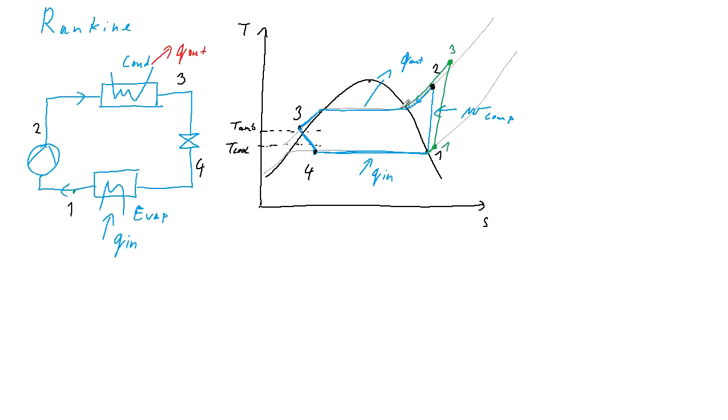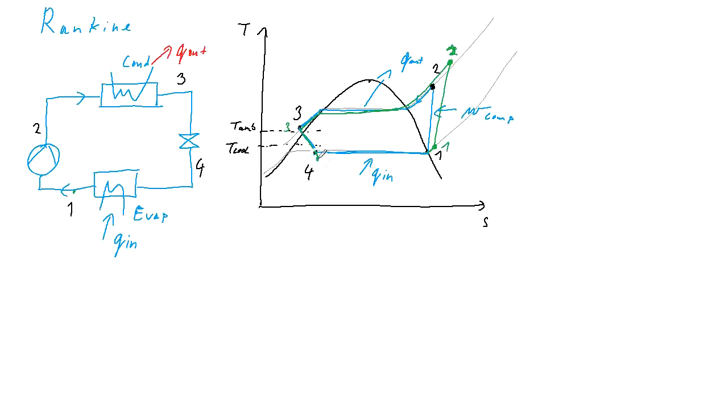So like this. So here was point 2. Point 3 is somewhere around the same. 3 to 4 is also the same isenthalpic process. There is not much which would differ.